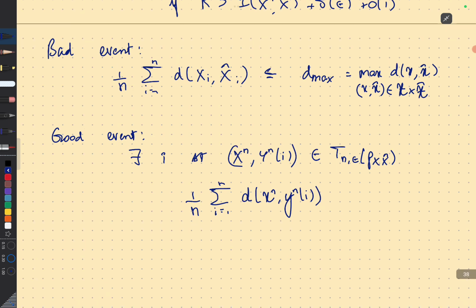Remember that x^n, I'm sorry, this should be the sum over j equal to 1 to n of d(x_j, y_j(i)), where x^n and y^n(i) belong to this jointly typical set.